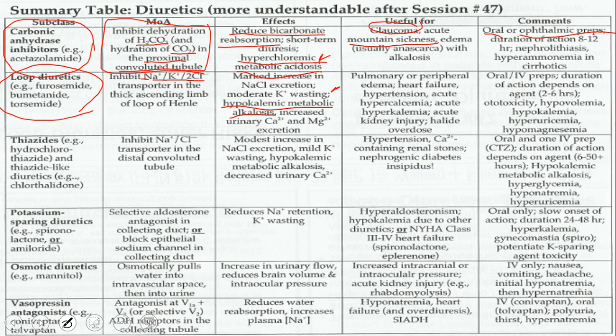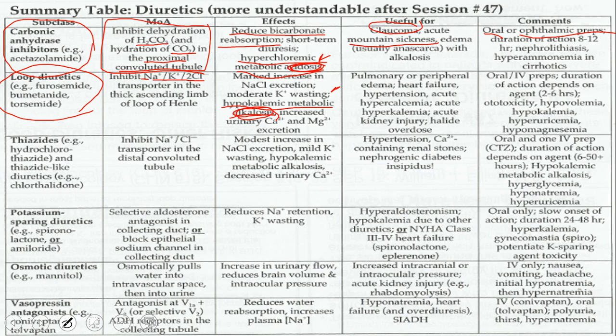So the difference here, they're both metabolic, so don't pay attention to that. Carbonic anhydrase inhibitors is acidosis, whereas loop diuretics, alkalosis.